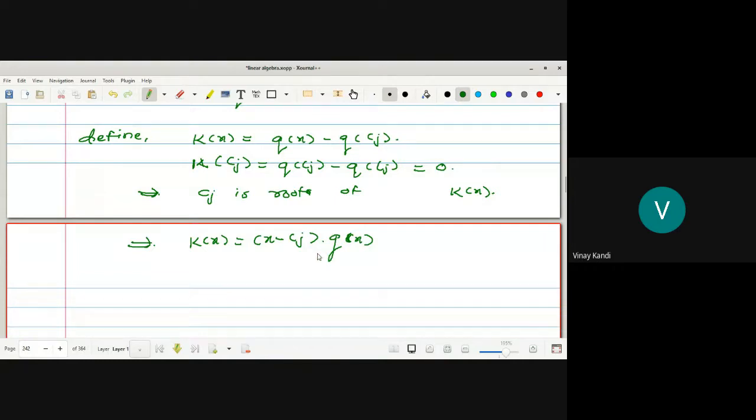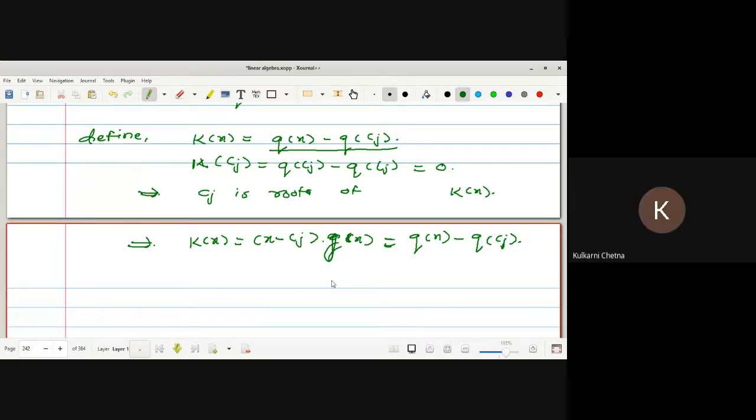Consider polynomials those x minus cj. But what is k of x? This one, which is equal to q of x. Okay, हा g of x. So x minus cj into g of x is equal to q of x minus q of cj. Any doubt?